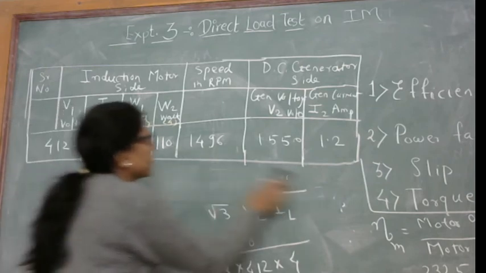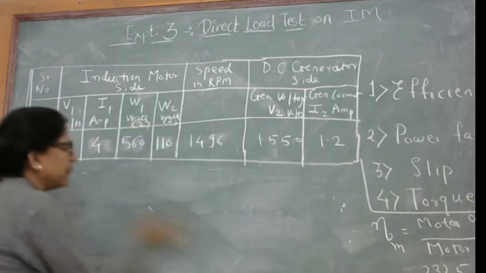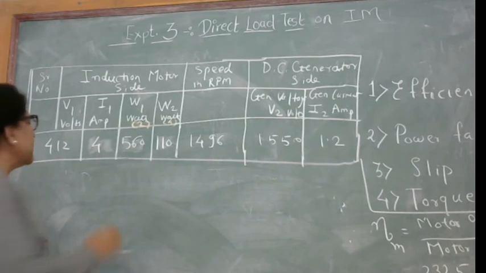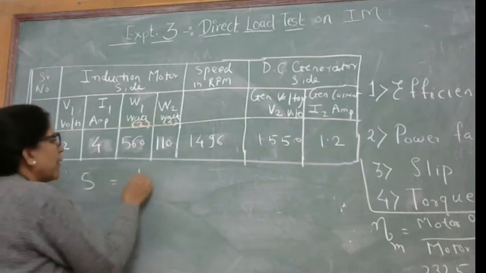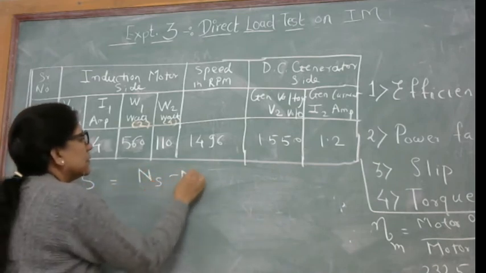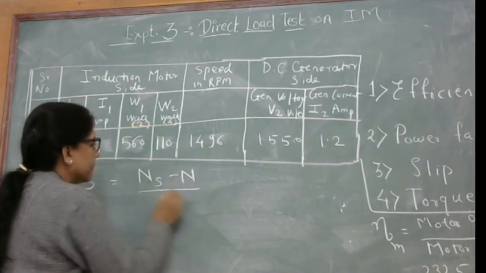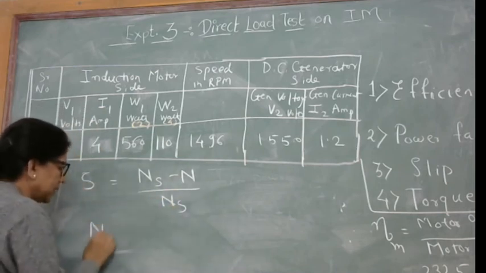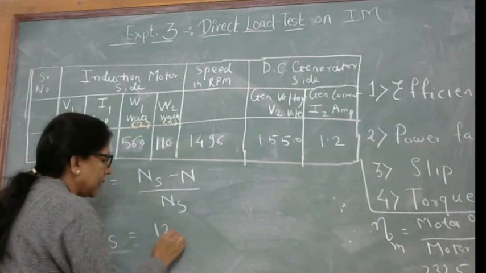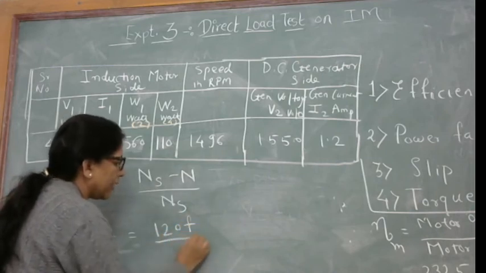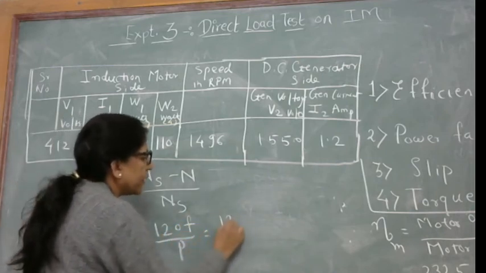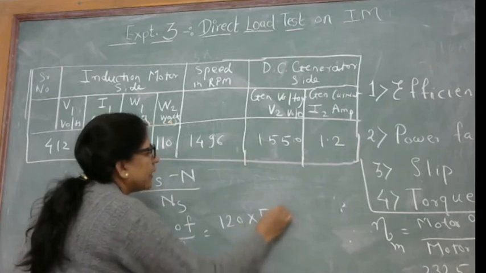Now the third calculation is for slip. Slip S is equal to (Ns minus N) upon Ns, where Ns is the synchronous speed, so we can consider Ns equal to 120 f upon P. So 120 into 50 divided by 4.